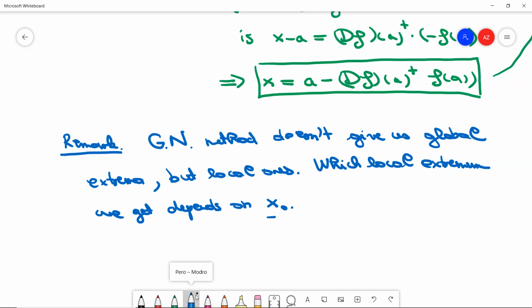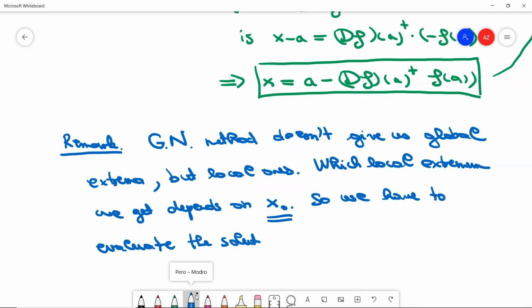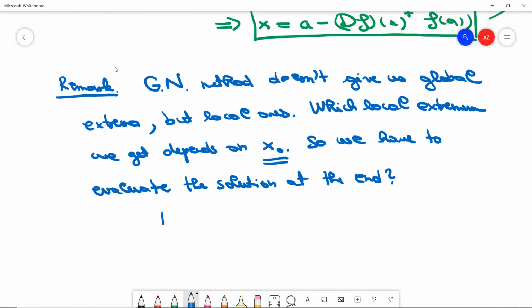So we have to evaluate the solution at the end. For example, what I want to say is, we have a function of one variable. Let's say that this is its graph.